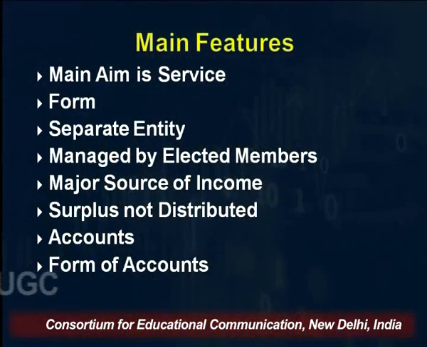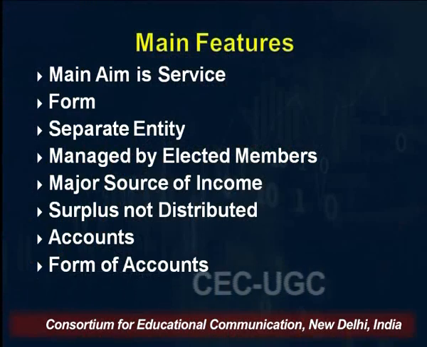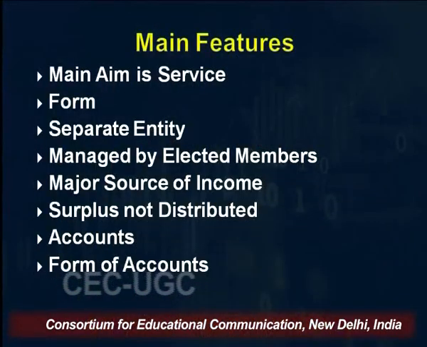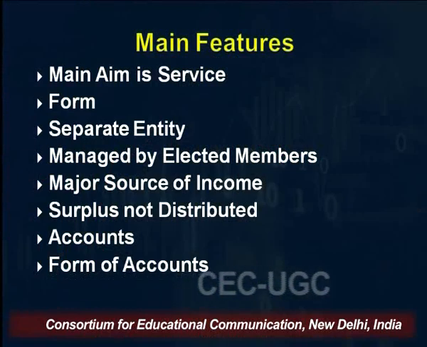Coming to the next feature, the accounts they prepare and hold. The books of accounts which they keep are primarily the cash book, receipt and payment account, then income and expenditure account, and the balance sheet. So these are the accounts these not-for-profit organizations are supposed to keep. The last feature for these organizations is the form of accounts.